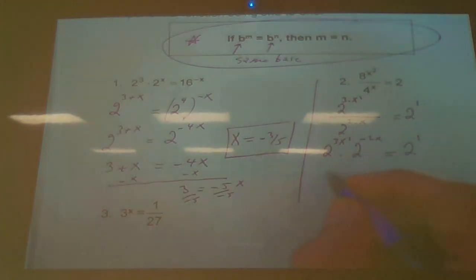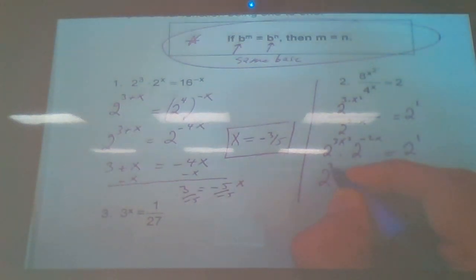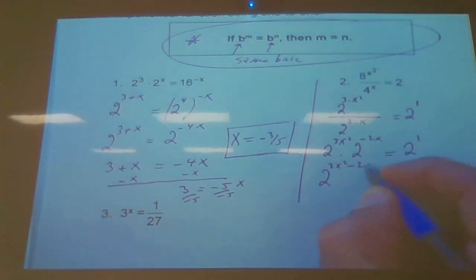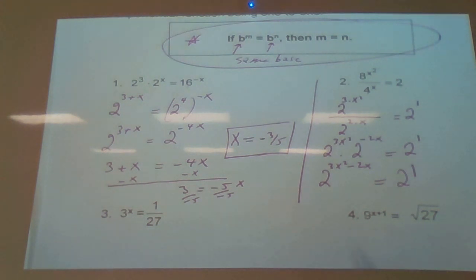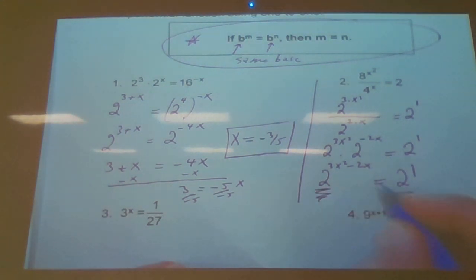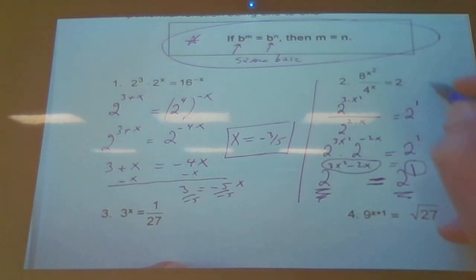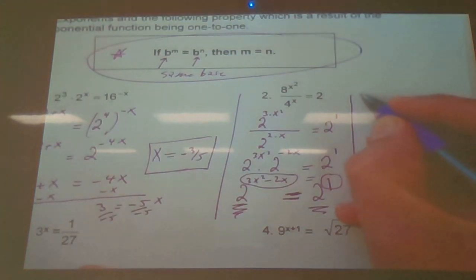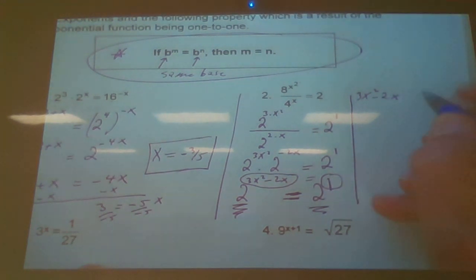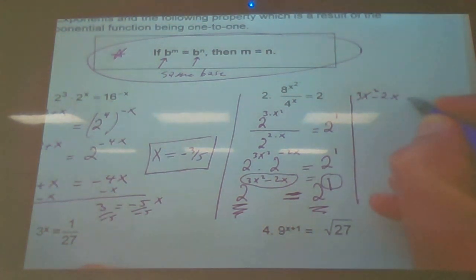Same base, you add those exponents. That's a 3x squared minus 2x, equal to 2 to the 1. So we fixed it, same base, equal sign. The rule says this must be equal to this. I'm going to do this over here. So I have a 3x squared minus 2x is equal to 1.